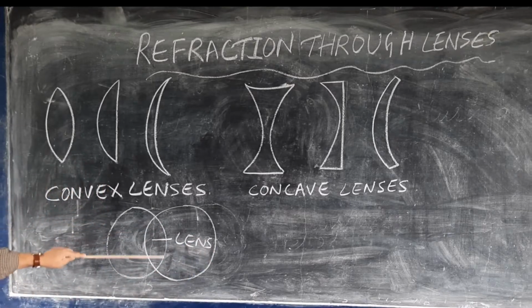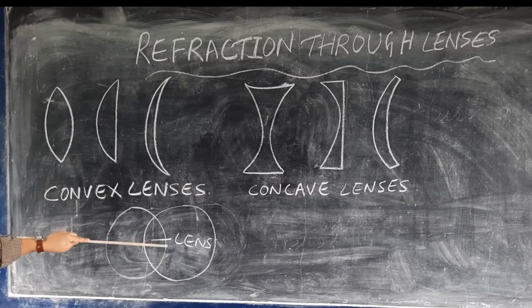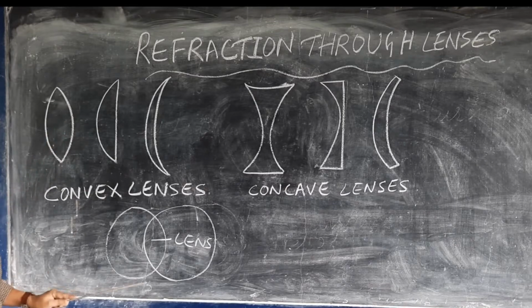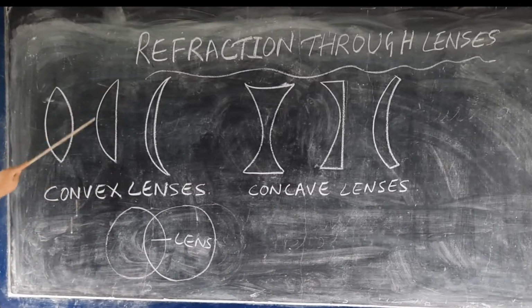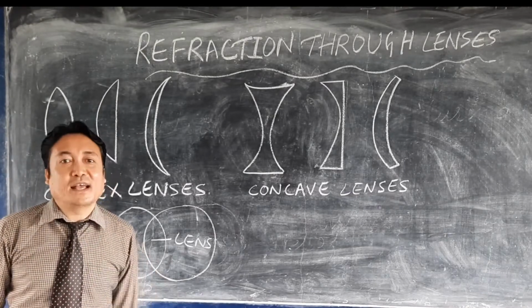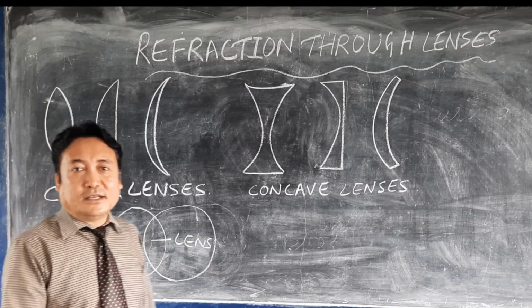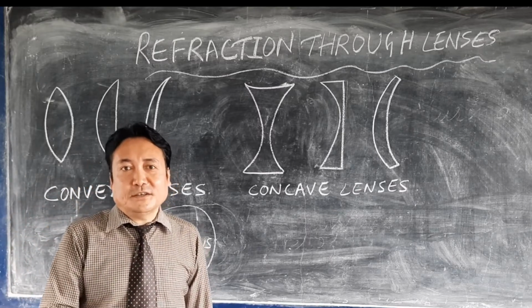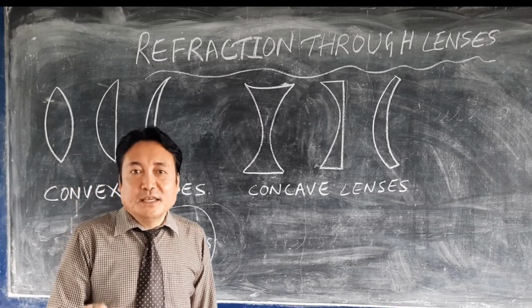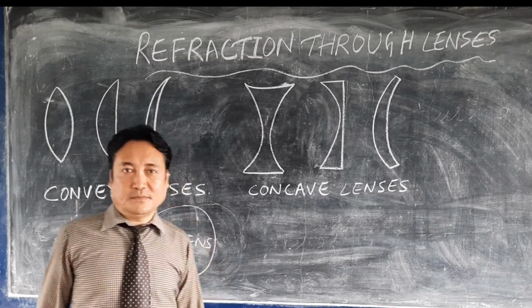These lenses are bounded on two sides. Here there is a spherical part, and here also there is a part of a sphere. That means it is bounded by two spherical parts, or one spherical part and one side plane. This is known as the lens, and it is based on the refraction of light through which the images are formed.